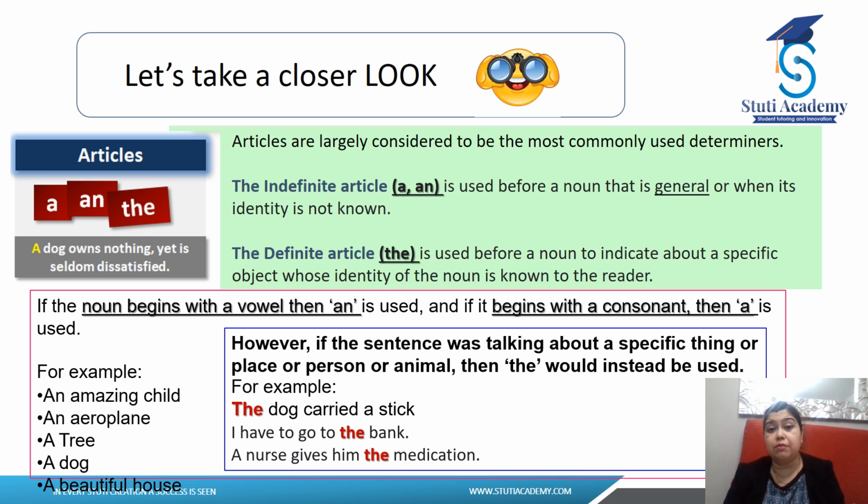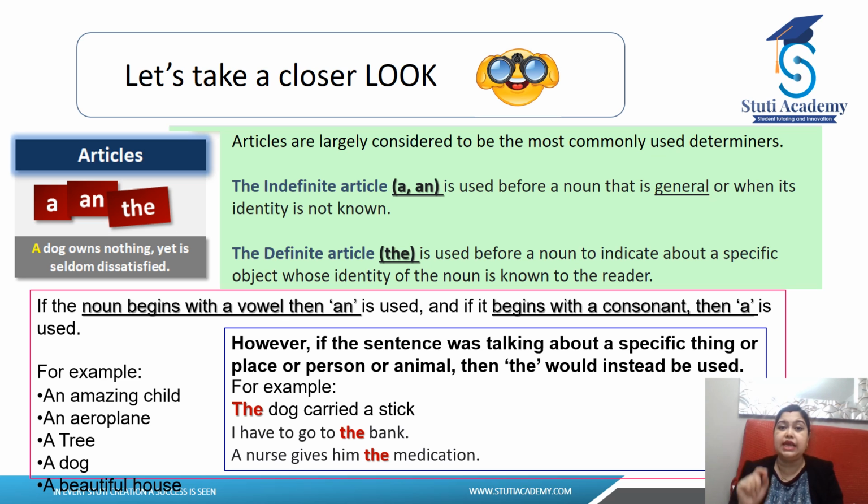Now when you're talking about the definite article the, it means specifically a particular thing. So here it is, the dog carried a stick. Why the? Because I know which dog I'm talking about. It is a specific dog. I have to go to the bank. That particular bank, the bank.